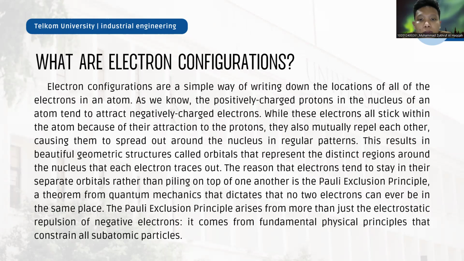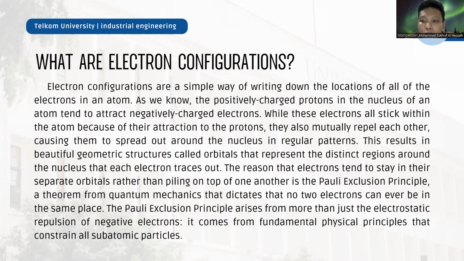As we know, the positively charged protons in the nucleus of an atom tend to attract negatively charged electrons, while these electrons all stick within the atom because of their attraction to the protons.